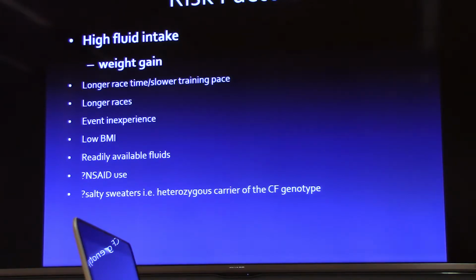Other risk factors include longer race time or slower training pace, longer duration races, event inexperience, lower BMI, and readily available fluid stations along the race routes. There's also been some association with NSAID use in the literature, although the results have been inconsistent, with some showing a positive association and others showing none. And the paper that I will present later on the Boston Marathon actually did not show that there was increased risk with NSAID use.